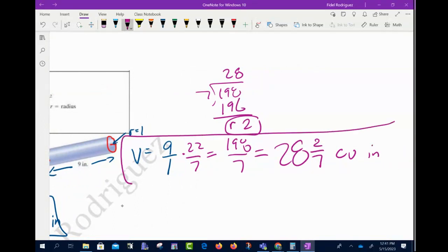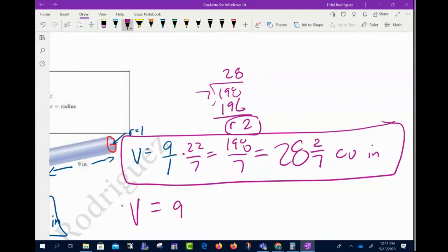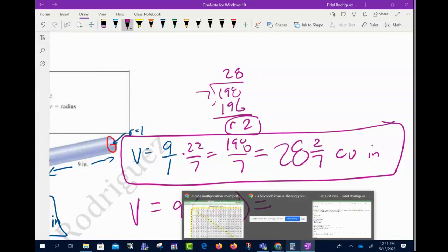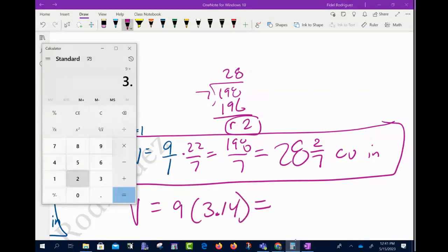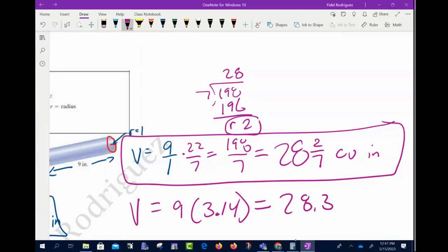And here is my approximation where we use 22 over 7. The second approximation, y'all, would I just take 9 times 3.14? 28 point what? If I was going to go to one decimal place, what do you think? 28.2 or 28.3? 28.3. Perfect.